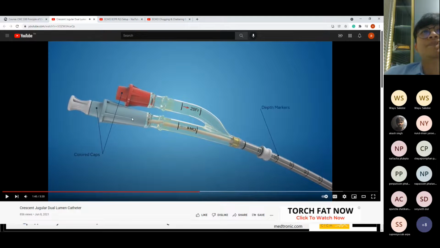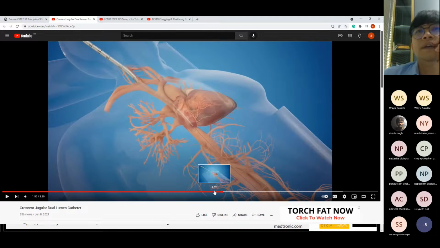Okay. To make sure it's not the wrong size, you can have a color cap, like the red one, which is the return cannula to connect with the return line.